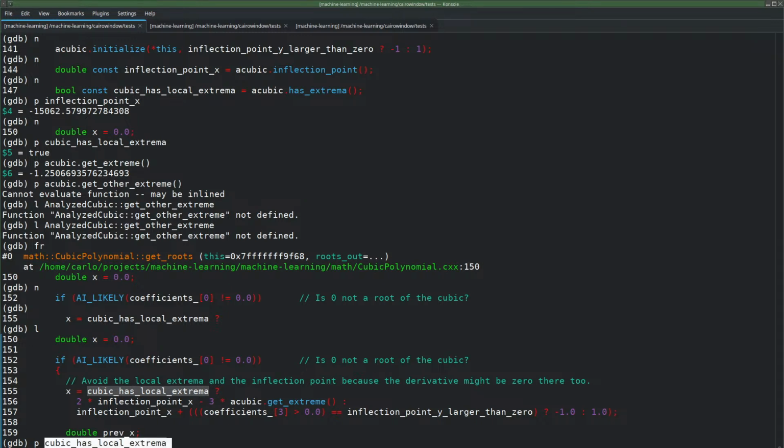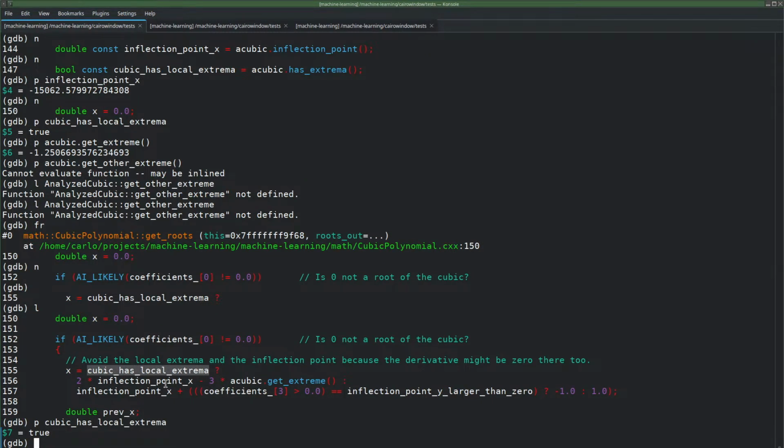So this was true, therefore we do 2 times inflection point minus 3 times get extreme. And I thought that would end up somewhere on the other side of the other extreme. So it would have been nice if we could calculate it, could print it.